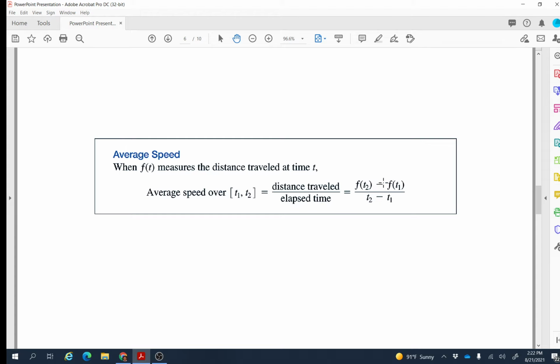Let's say this is f of t, and we want to find the average speed over t1 to t2. That means there is a time t1 and a time t2. We can find the 2 points on this curve. So the average speed over this interval is actually the slope of the secant line here. Okay, this is the formula for the average speed.